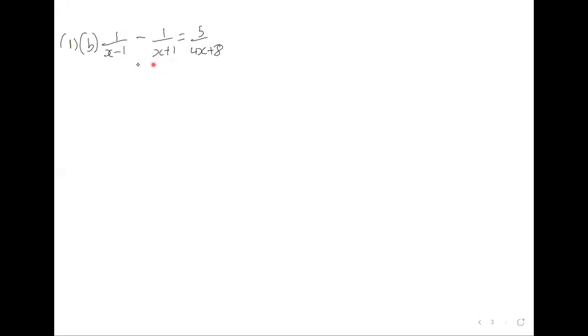Since you are experts at solving fractions, you know that you have to get the common denominator. So you get x minus 1, x plus 1 as the denominator. Then here you have x plus 1 minus x minus 1 equals 5 over 4x plus 8.